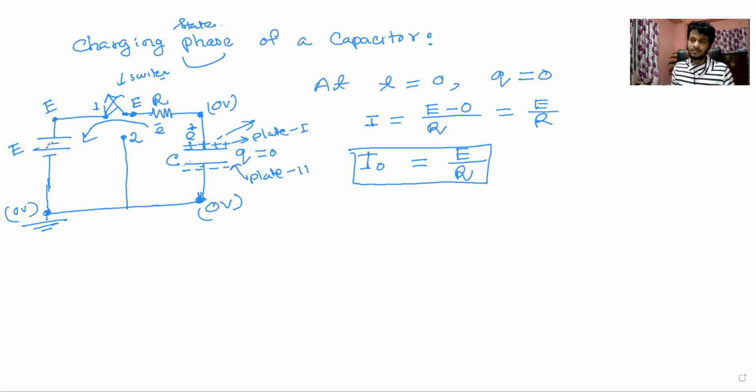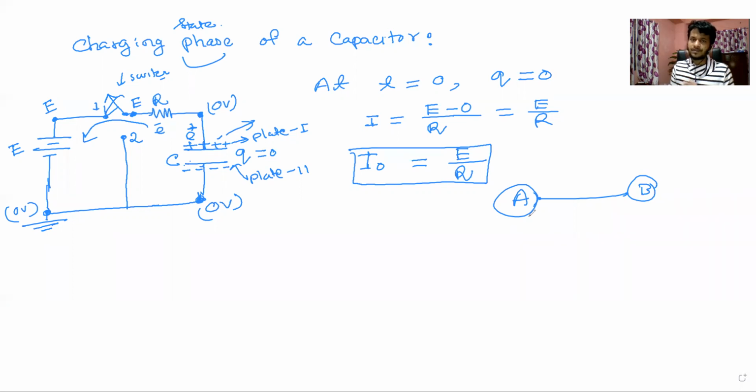Suppose this is terminal A and this is terminal B, and charge is flowing from A to B, then it means there is some potential difference between these two terminals. But if these two terminals are at equal potential, will the charge move? The answer is no, because for the charge to flow, we need some potential difference between two terminals.